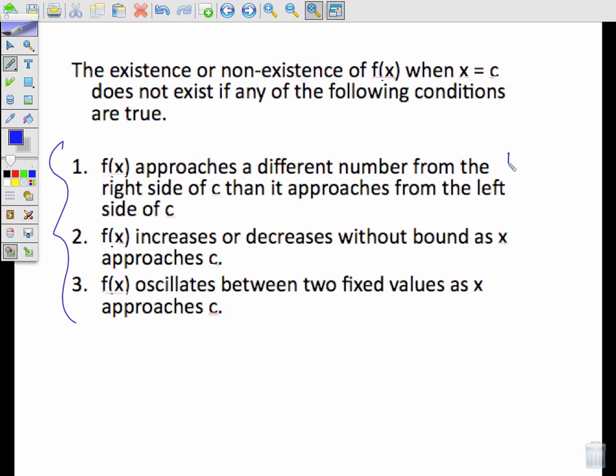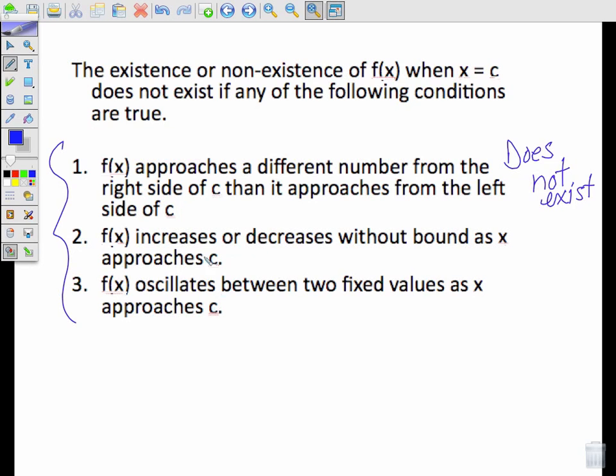Another is if f of x increases or decreases without bound as x approaches c, and these are some things we'll look at in a little bit. And the third is if f of x oscillates between two fixed values as x approaches c.